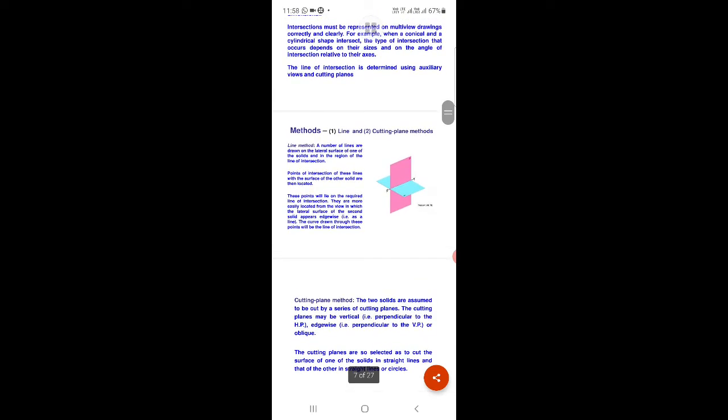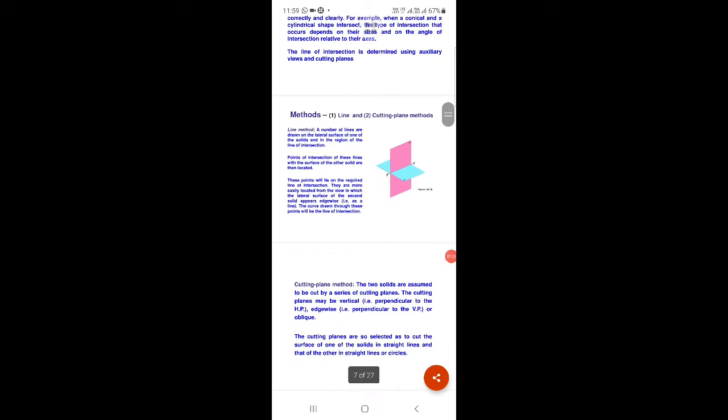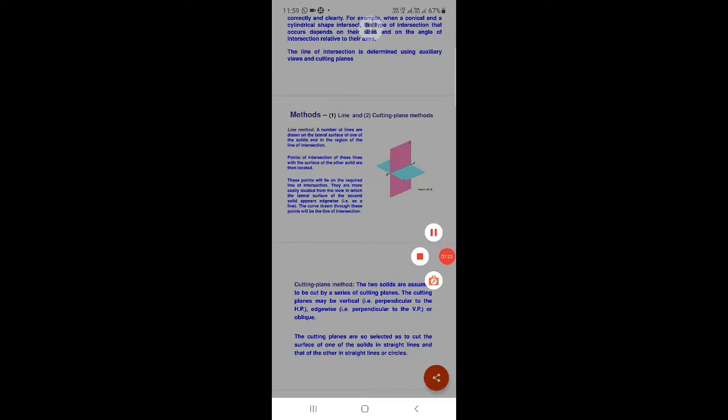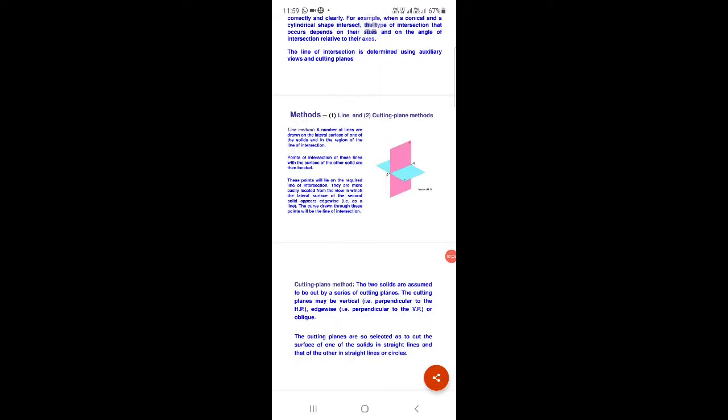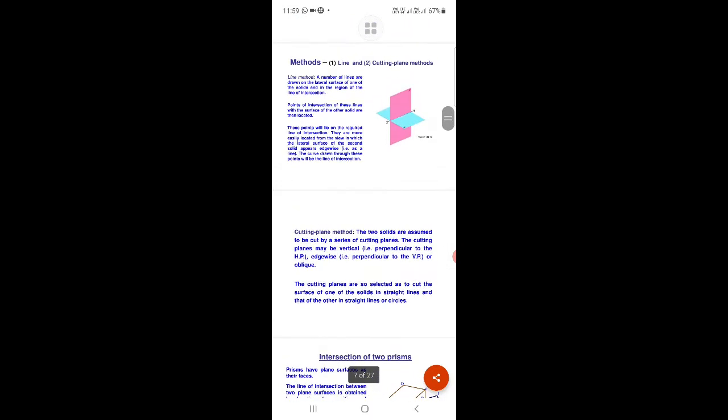So write this down. Second is the cutting plane method. So first write down the line method, which is shown in the figure.